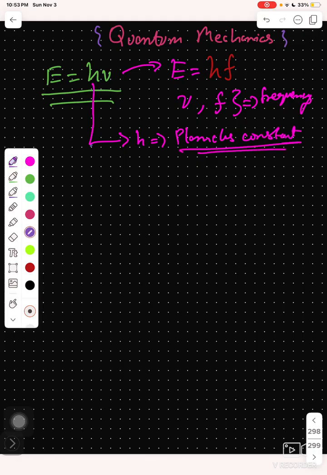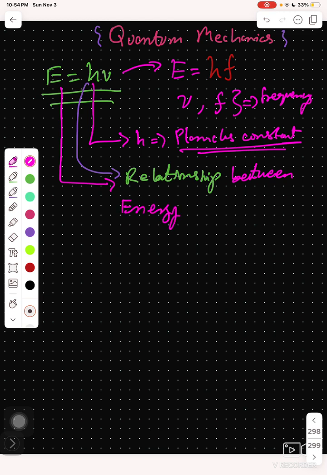Planck's constant, when we talk about E equals hv or hf, is some kind of relationship. Or to say it better, h here is showing the relationship between energy and frequency.